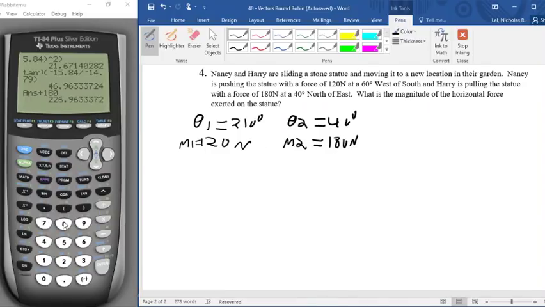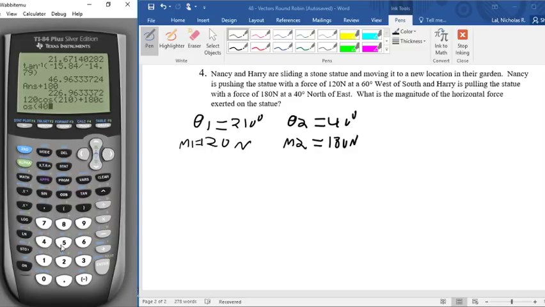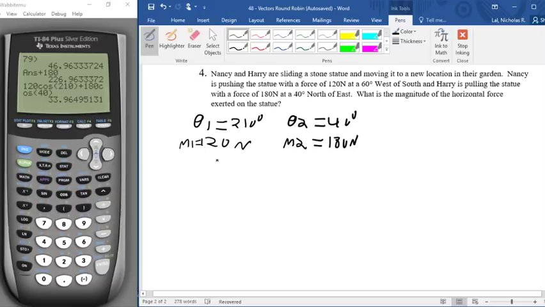So plug this into your calculator. We're going to have 120 times the cosine of 210 plus 180 times the cosine of 40. So our horizontal component is going to be 33.96.